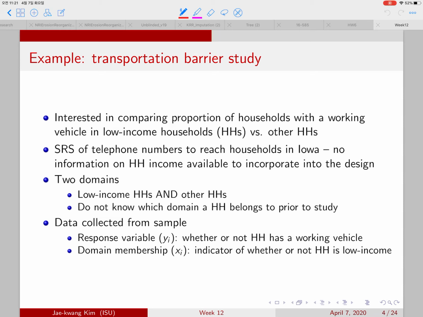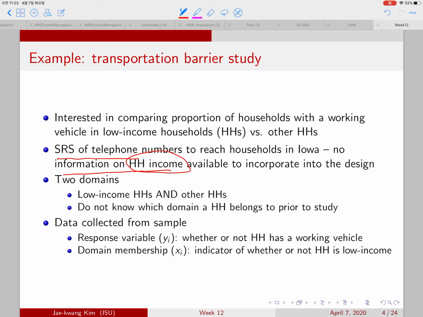Here's an example. Suppose that we are interested in comparing the proportion of households with a working vehicle in low-income households versus other households. For sample selection, we use simple random sampling of the telephone numbers, with no information about the household income.